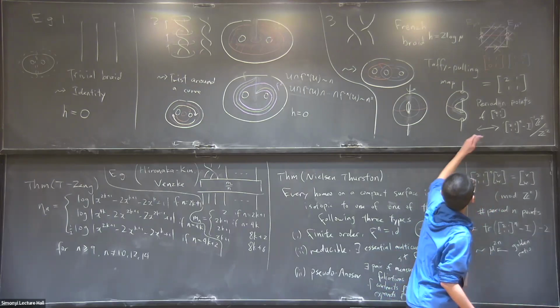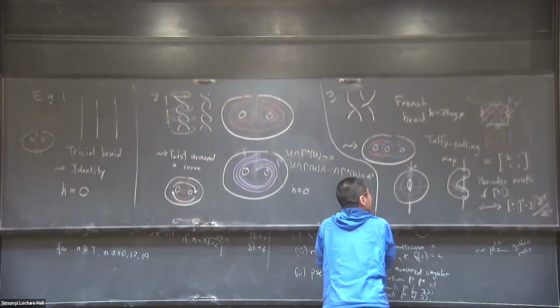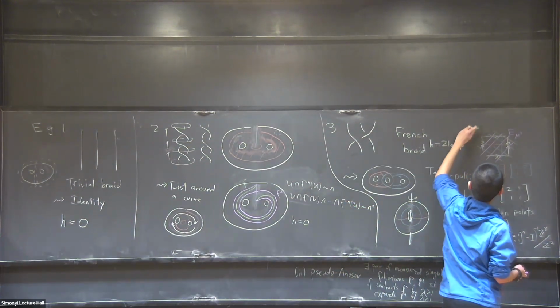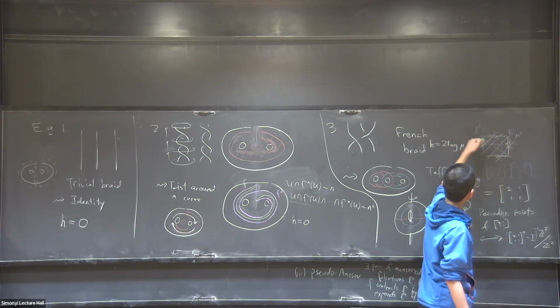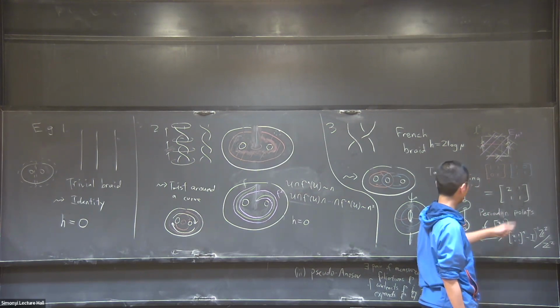And up here, the green foliation is secretly L^s. The s stands for stable. By definition, this is all the directions that are contracted by this map.